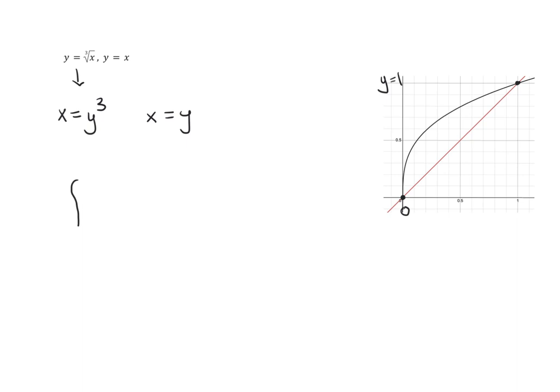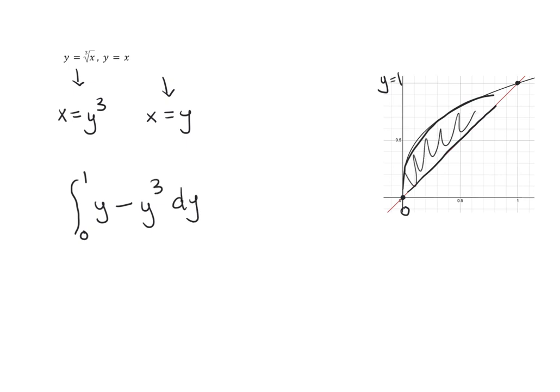So the integral is from 0 to 1, and then we're going to subtract, so this right function is this one, y, minus the left function, this one, y cubed, and that is dy.